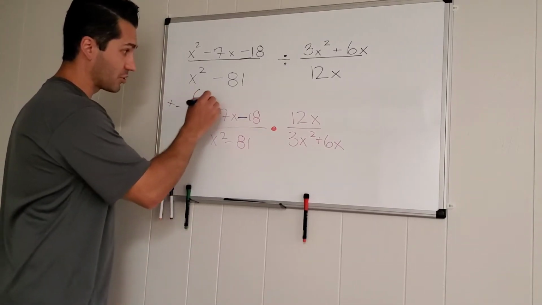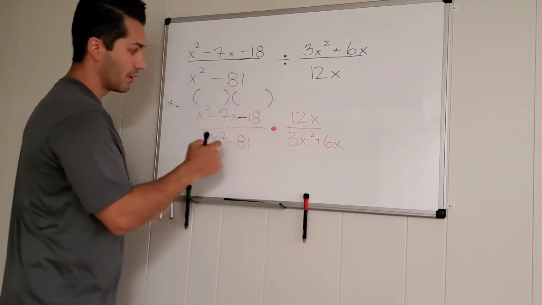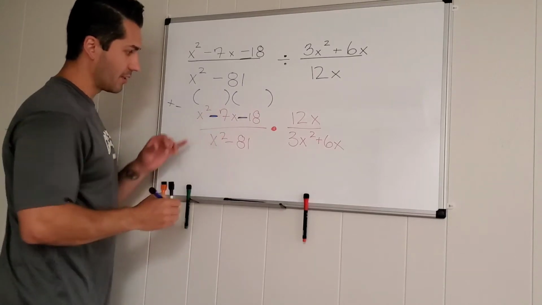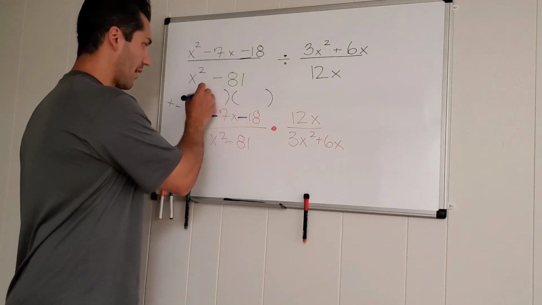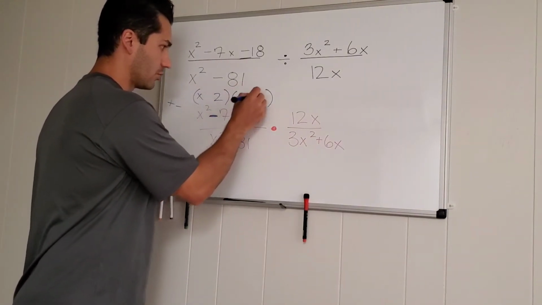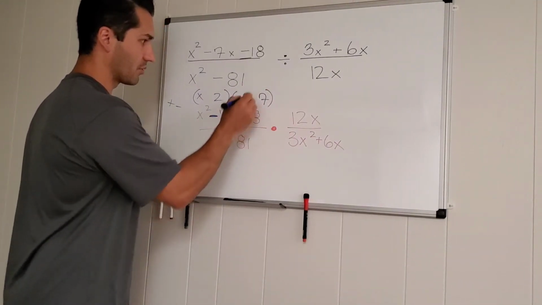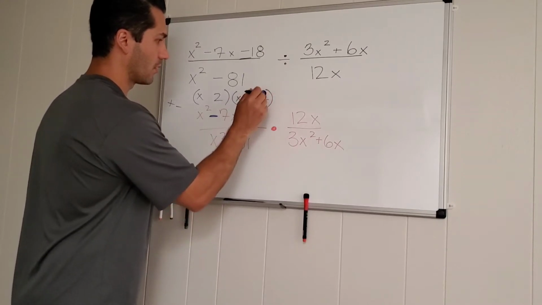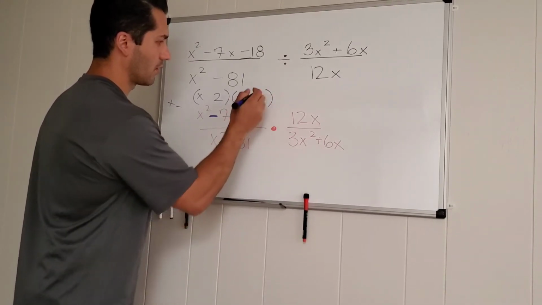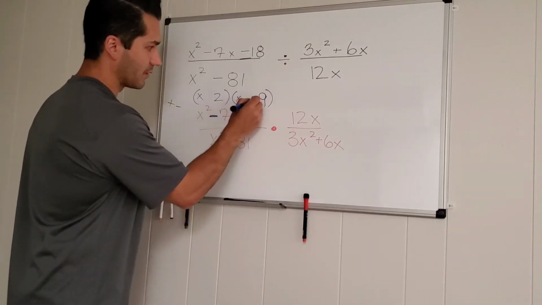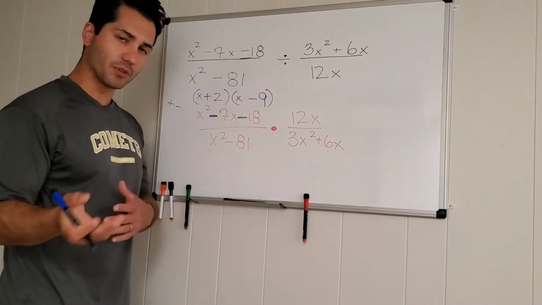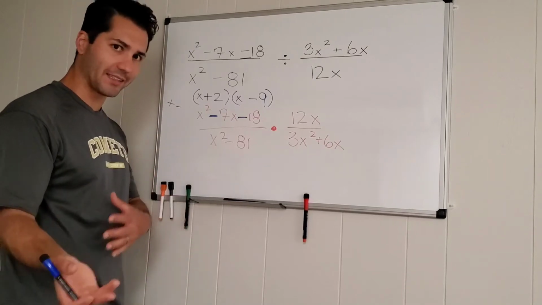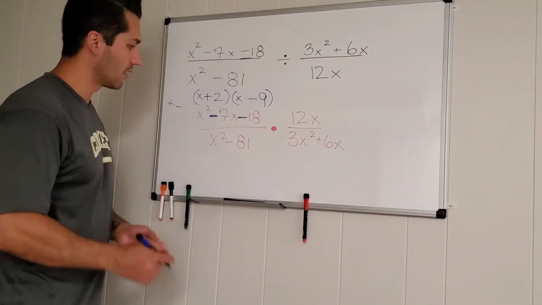Whether you guess and check or you just know, because of that negative 7, the dominant sign goes with the larger number. So with the 2 and 9, the 9 will be negative, and the 2 will be positive. Remember, when you add or subtract with different signs, you subtract and keep the dominant sign.